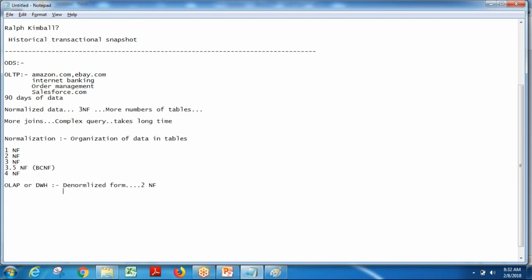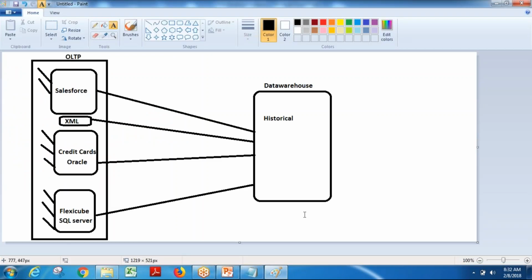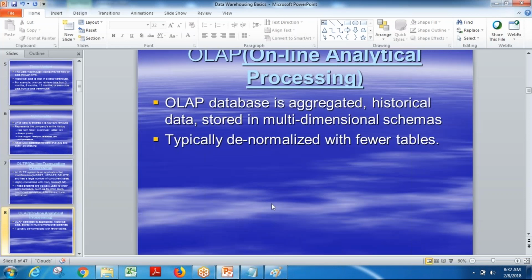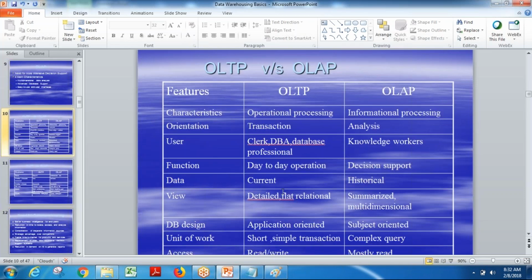And when you denormalize, fewer tables will be present, and you can write simple queries to retrieve the data. That is an advantage of a data warehouse for analysis, because we store the data in a denormalized structure, fewer tables are present, and we can retrieve the data faster than in the transactional system. But a very important thing is that your transactional systems are not storing the historical data, right?